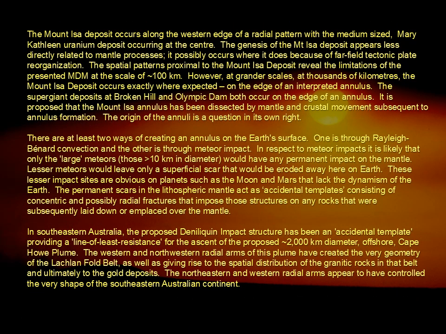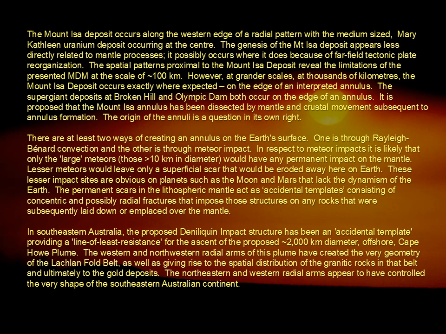The Mount Isa deposit occurs along the western edge of a radial pattern with the medium-sized Mary Kathleen uranium deposit occurring at the center. The genesis of the Mount Isa deposit appears less directly related to mantle processes. It possibly occurs where it does because of far-field tectonic plate reorganization.